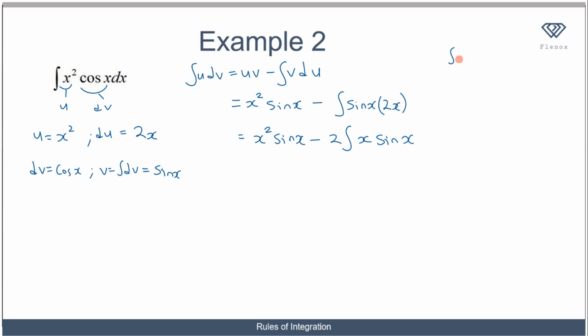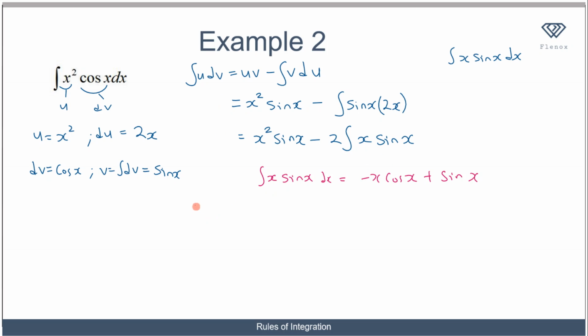But luckily for us, our previous example was just the integral of x sin x, and we got from our previous example that the integral of x sin x with respect to x is equal to minus x cos x plus sin x. So luckily, we don't have to go through the stress of solving this again. So we substitute this value into the integral of x sin x.